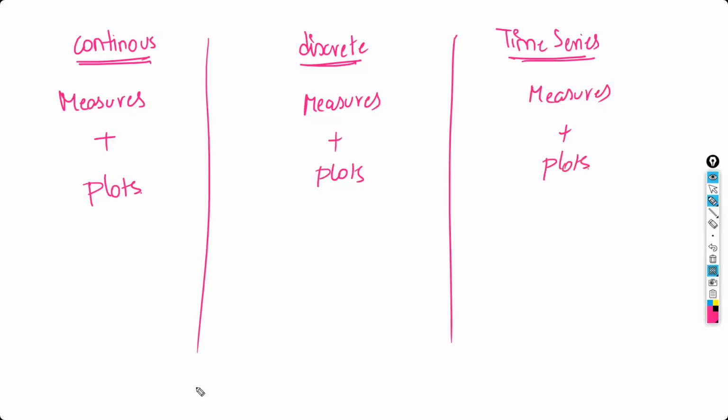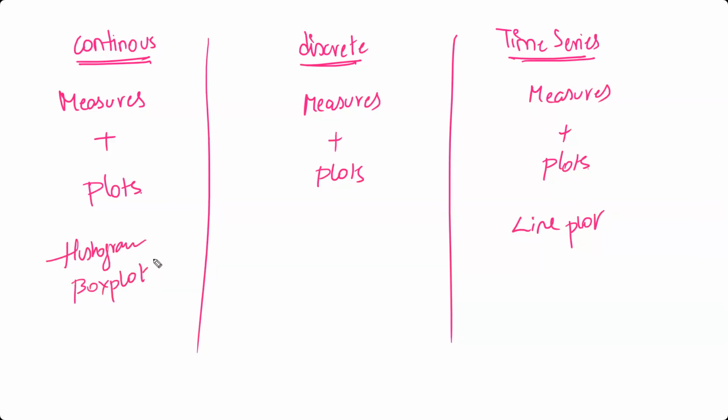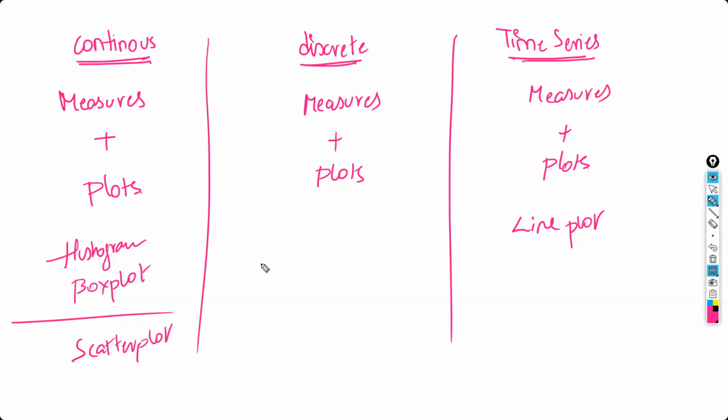For time series, the plot we have is the line plot. For the continuous variable, we have the histogram and box plot, which are univariate plots for individual columns. Bivariate is the scatter plot. For the discrete variable, we are going to apply in the same way.